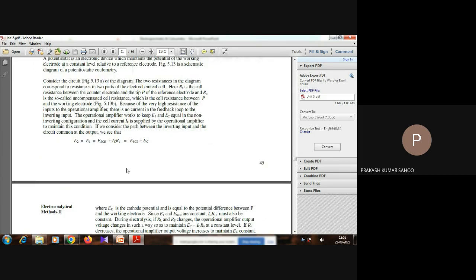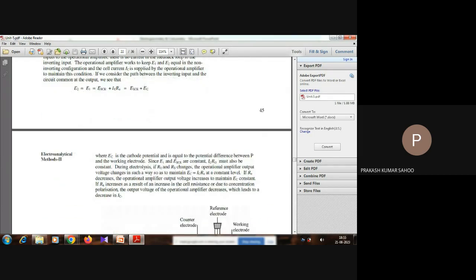So the equation is E2 equal to E_SCE plus E_C plus IR_U. E_C is the cathodic potential, which is equal to the potential between P and the working electrode.